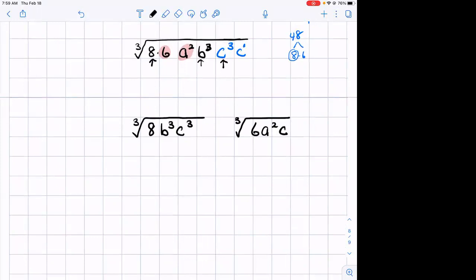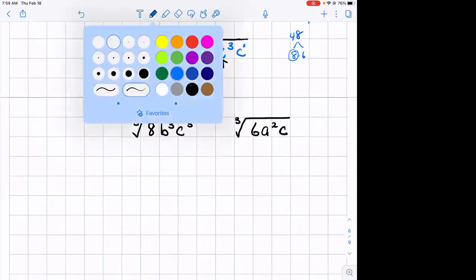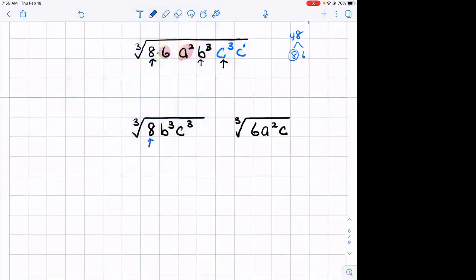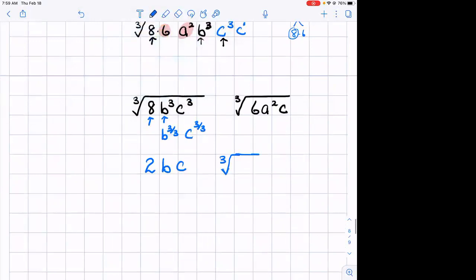So now we look at the cube root of 8 is 2. The cube root of b to the 3rd is just b, because 3 divided by 3. And then c, 3 divided by 3 is just c. Okay? And in this radical, nothing in there can be simplified. So we have 6a squared. Make sure the radical covers c.